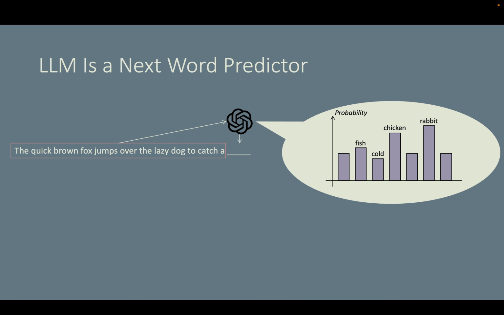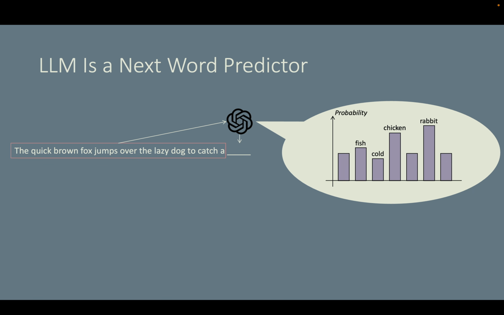You may wonder why in this case the word code has a low probability. Because the phrase catch a code is pretty common on the internet, right? I'm pretty sure it is more common than catch a rabbit, catch a chicken, or catch a fish. Maybe. But why in this case the word code has such a low probability?